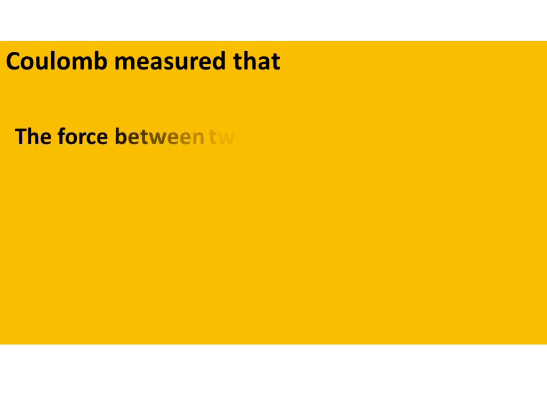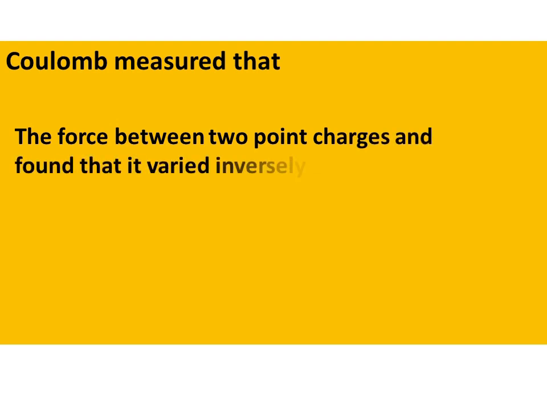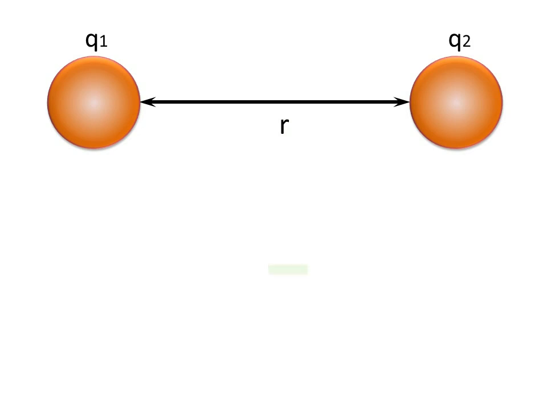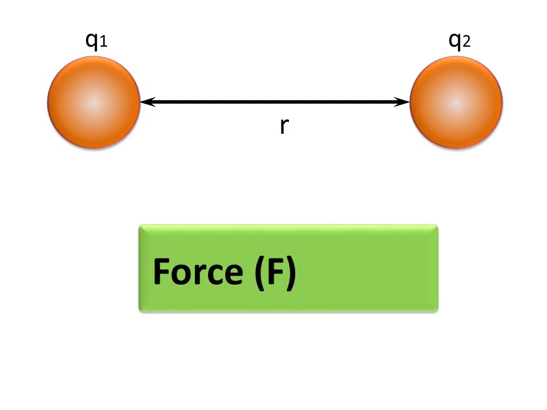It means Coulomb found that the force varies inversely as the square of the distance between the two charges. As the distance between the two point charges varies, the force also varies inversely as the square of the distance between the charges, that is R square.